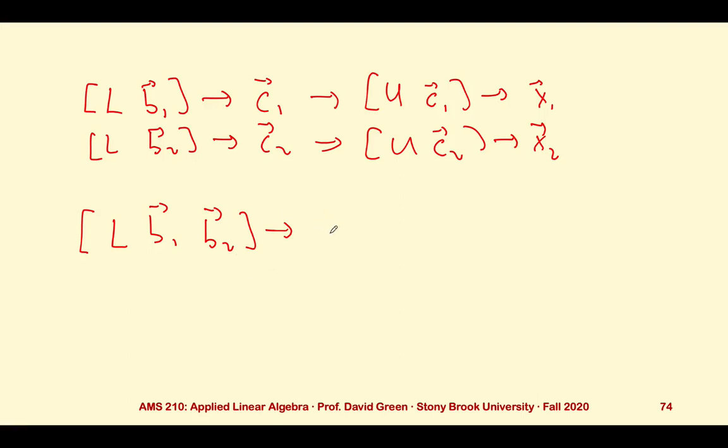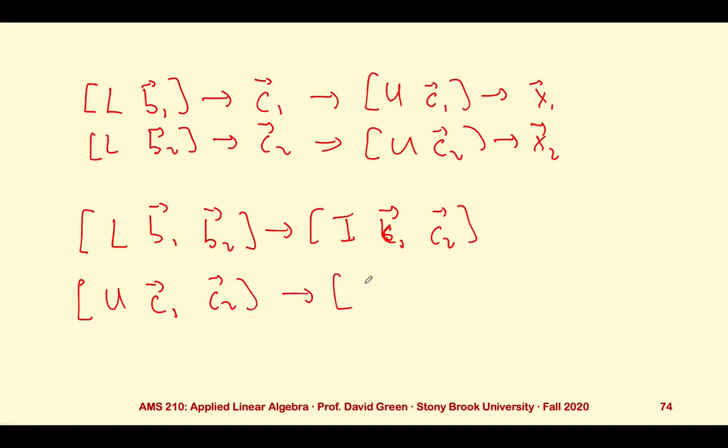And this would have taken us to a form that had an identity matrix, C1 and C2. Right?